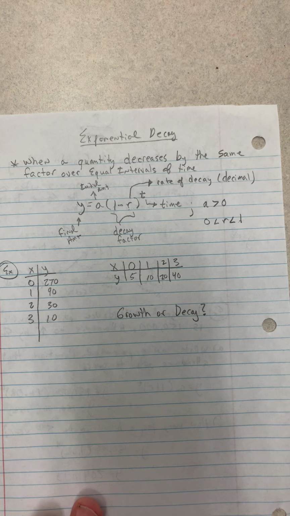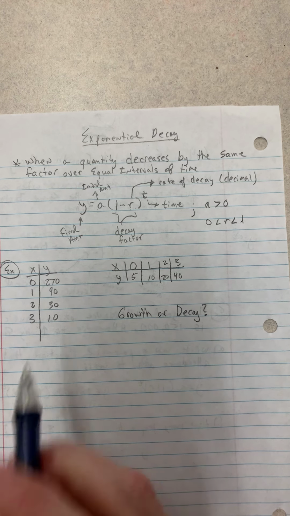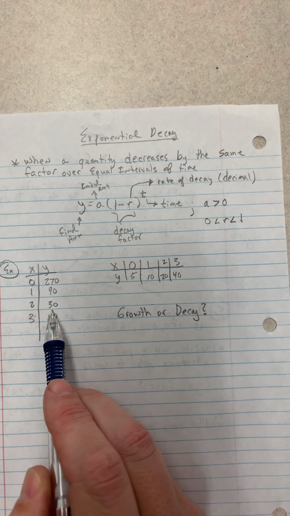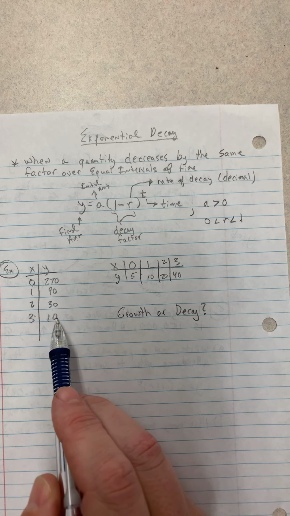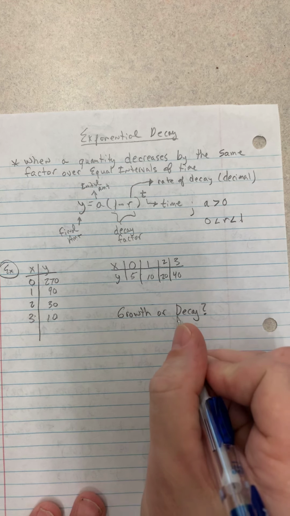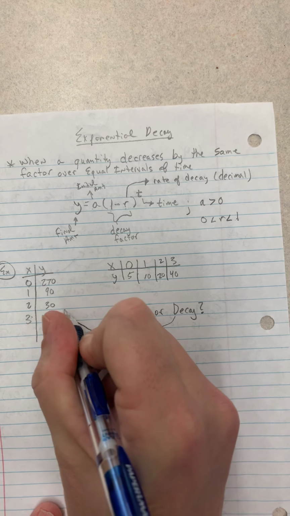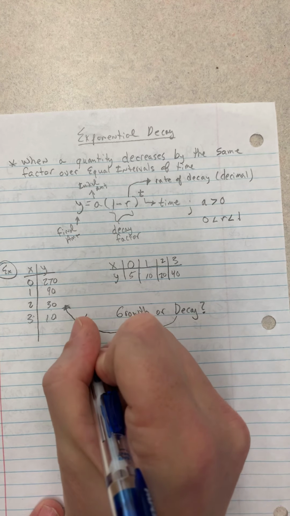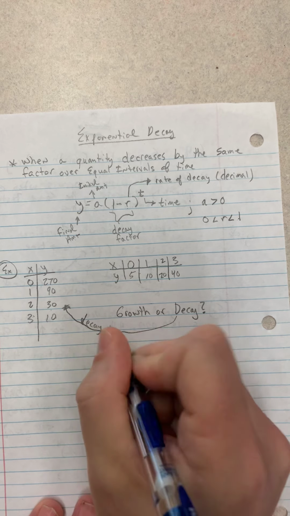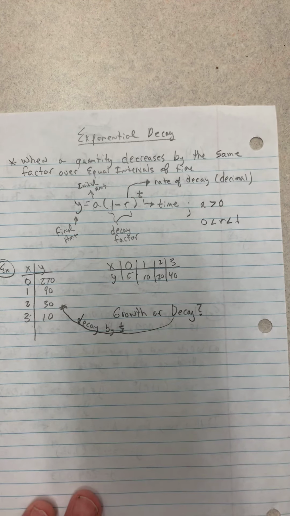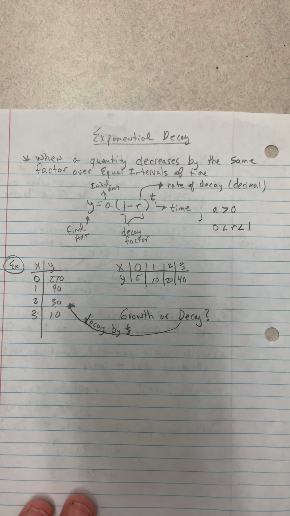What's that R factor? Hopefully you can see, as x is going up, if this was time, my y's are going down, and this is going down by 3. This is absolutely decay over here. And you can see that it's going down, and it's decay by 1/3. It's decreasing by 33%. Each time it's going down by 1/3.